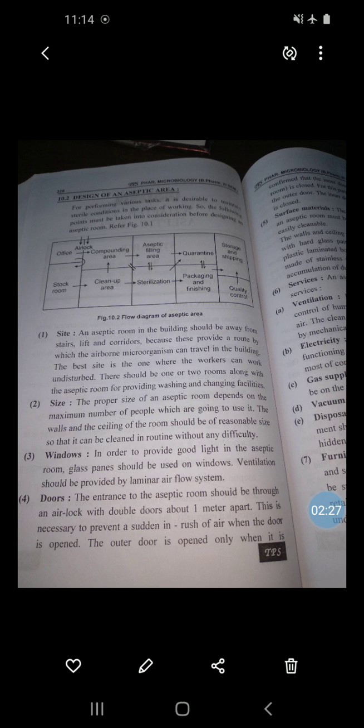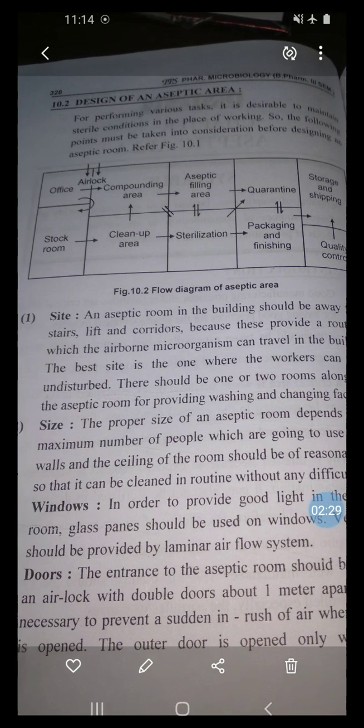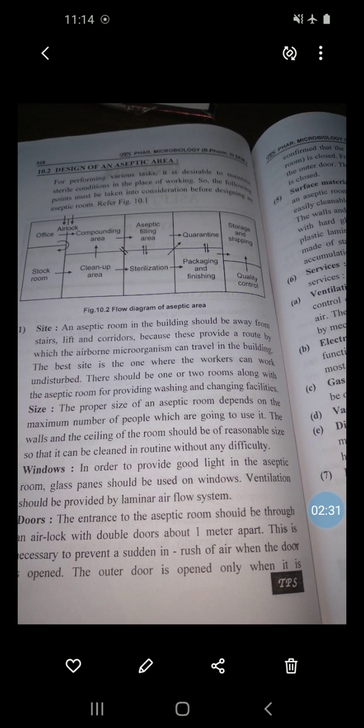Here we can see the flow diagram of the aseptic area. It shows office, airlock, compounding area, stock room, cleanup area, aseptic filling area, sterilization, quarantine, packaging and finishing, storage and shipping, and quality control.